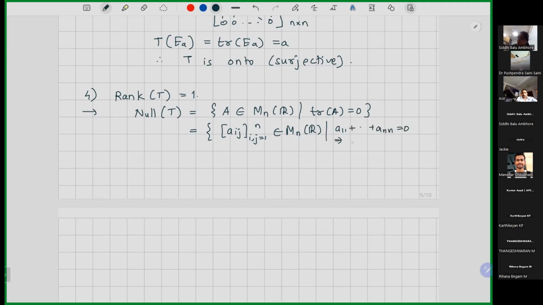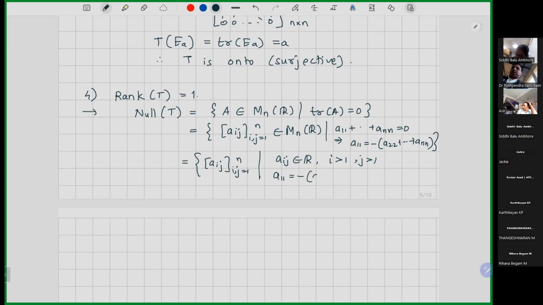And from here we were saying that A11 is equal to minus of A22 up to Ann. And so everything else was independent except for this A11 entry. So this is what, Aij, i, j from 1 to n, such that Aij belongs to R for i greater than 1, j greater than 1, and A11 is minus of A22 plus up to Ann.